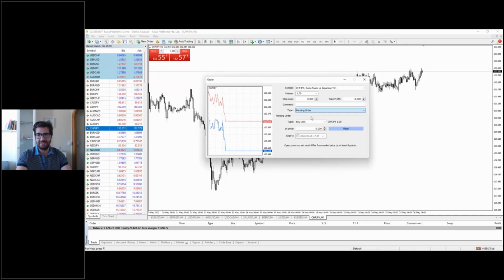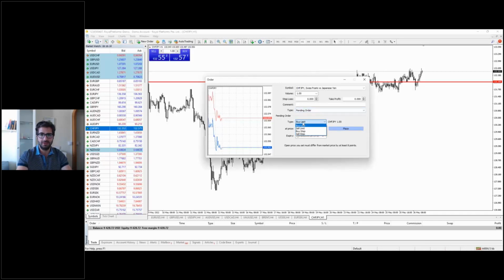However, if you would like to buy at a lower price, let's say 132.105, you will use the pending order buy limit, since we are waiting for the market to go down. So once the market goes down, you will be in a buy order at 132.105.